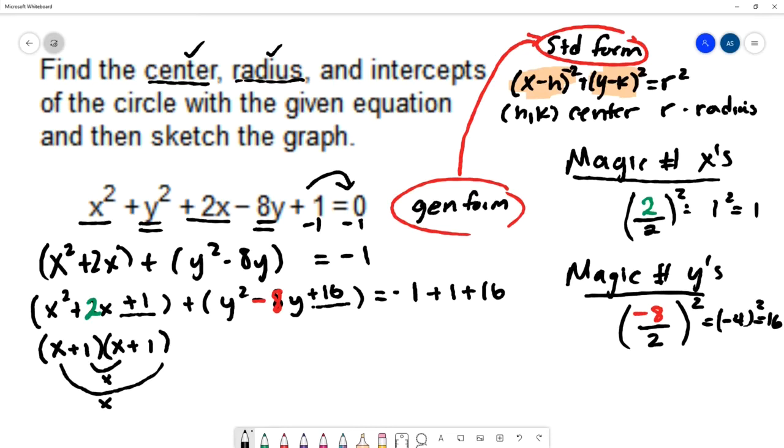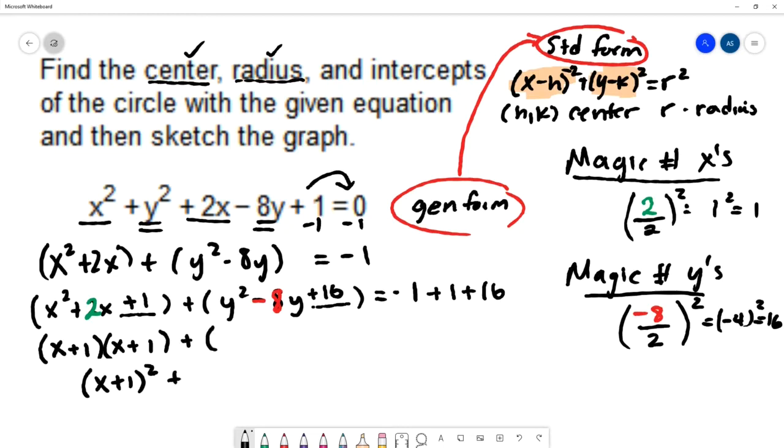So I just need these to be positive. When we factor that trinomial, you'll see both binomials are the same, and so we can write that as a square. x plus 1 times x plus 1 is x plus 1 squared.